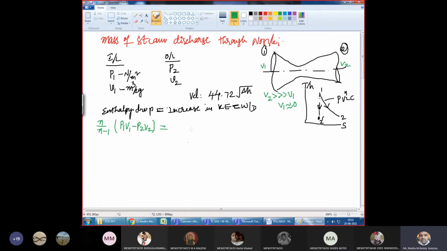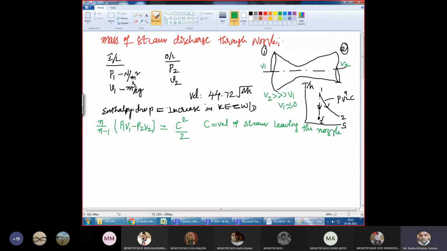So the change in velocity will be only V2. I am assuming C is the velocity of the steam leaving the nozzle. So C square by 2.